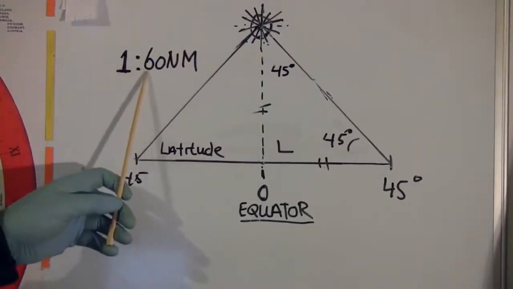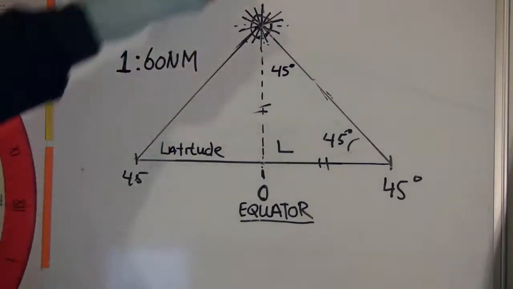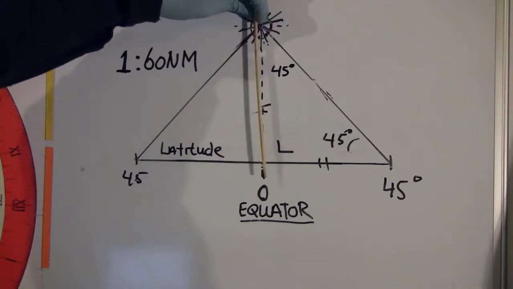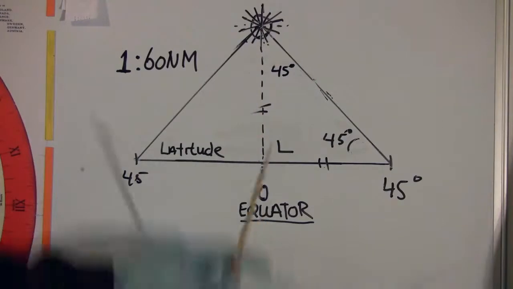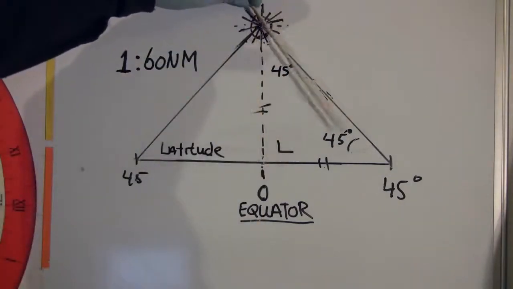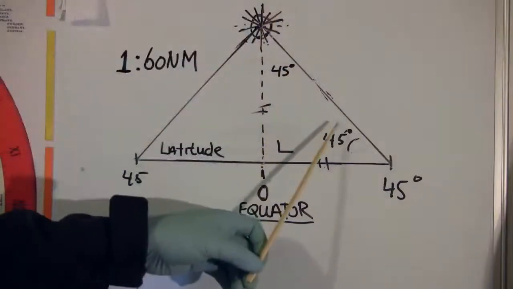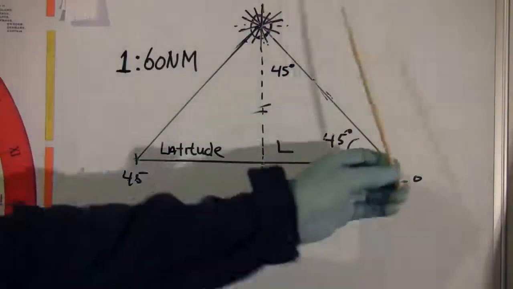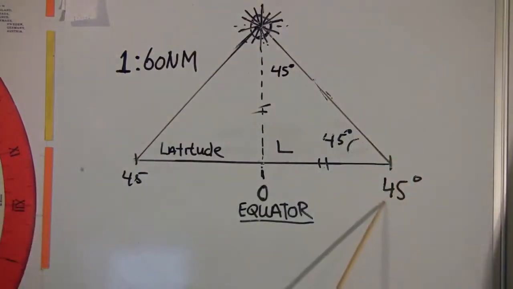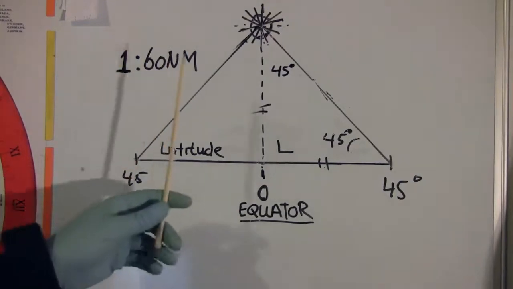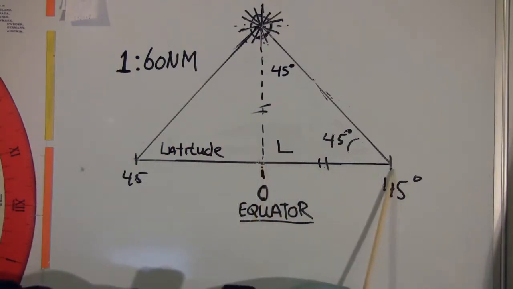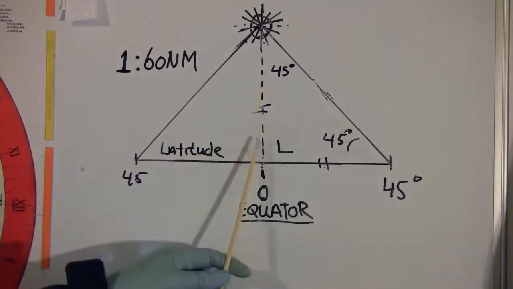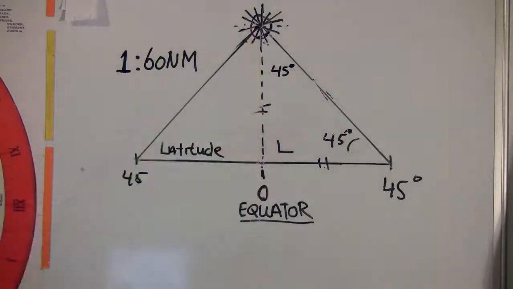1 degree is in reality 60 nautical miles. The 0 degree angle measured from the sun is the 0 degree at the equator. The 45 degrees measured from the sun is the same as the 45 degrees measured at the latitude 45 degrees. It means if we know the distance from the equator to the 45 degrees latitude, then we know the distance from the base to the top.